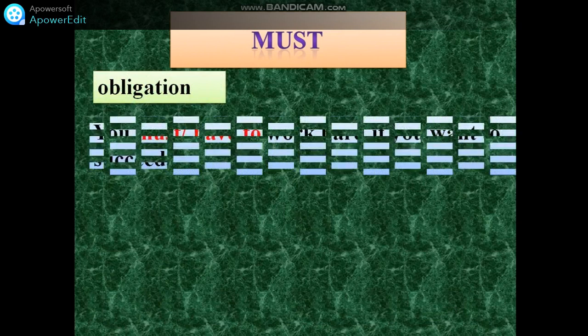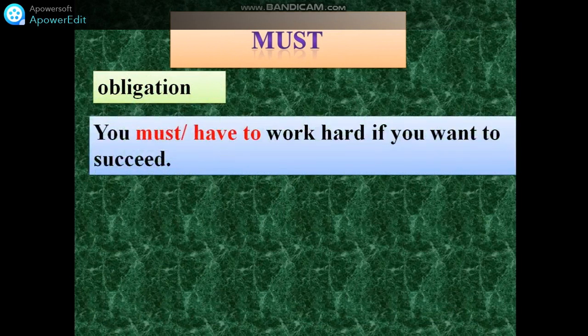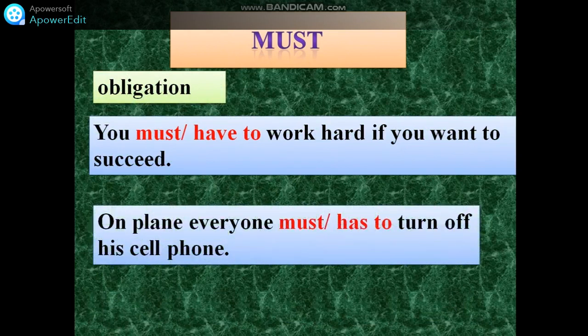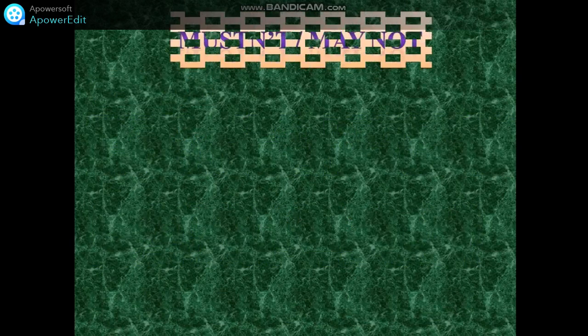Let's move on. Now, must. Please write this in your lesson copybook. Must: obligation. So you can say you must, or you have to work hard if you want to succeed. It's an obligation. On a plane, everyone must or has to turn off his cell phone. It's obliged. Very good.